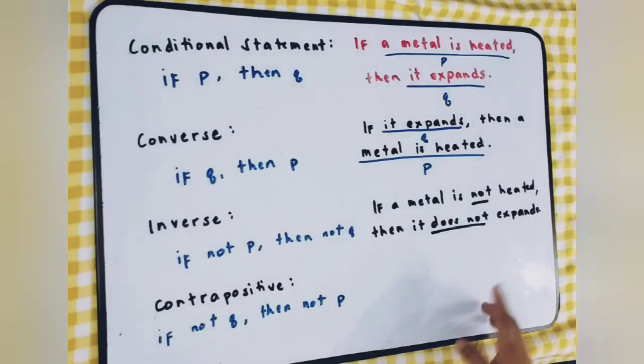Then the last one is the contrapositive. The contrapositive is: if not Q, then not P. It is the negation of the converse, or simply, we interchange the inverse.